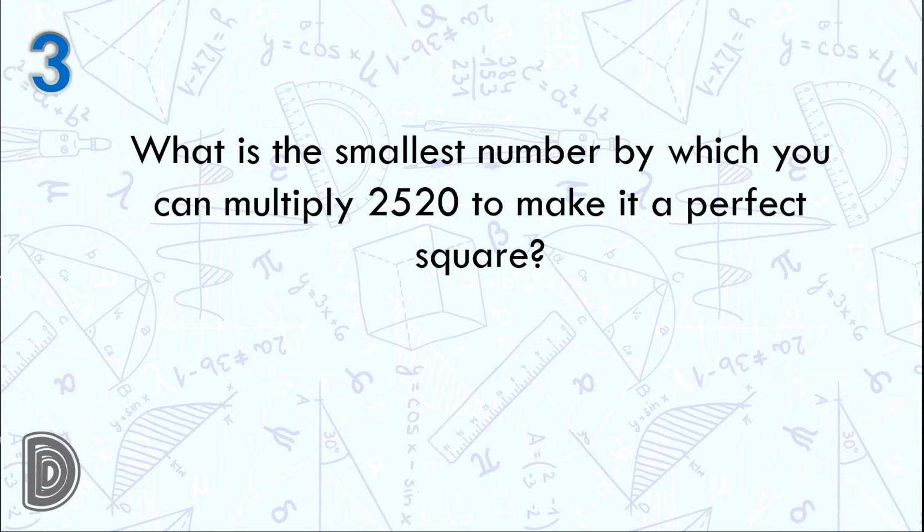Again, what is the smallest number by which you can multiply 2520 to make it a perfect square? Go. Time is up. The answer is 70.